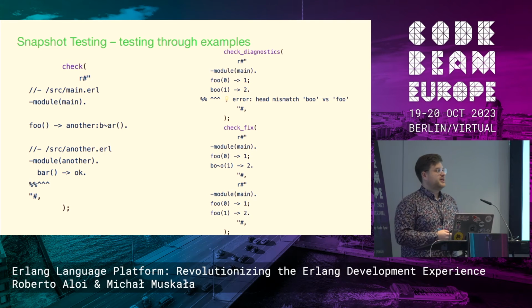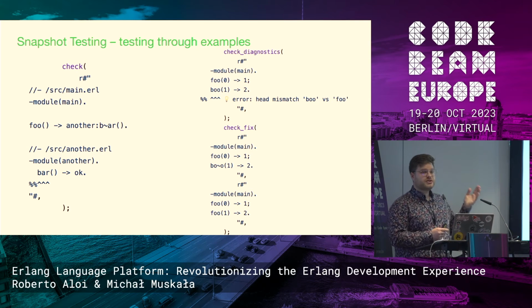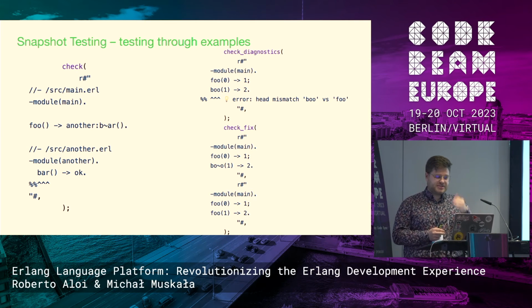And then on the other side, we have a test for diagnostics, right? So again, we see that if we type check the code, we'll have a diagnostic reported, and again we see where it is reported, with the light bulb meaning there's an automated fix for it, right? And then at the bottom we have a test that checks what happens when we apply the fix.